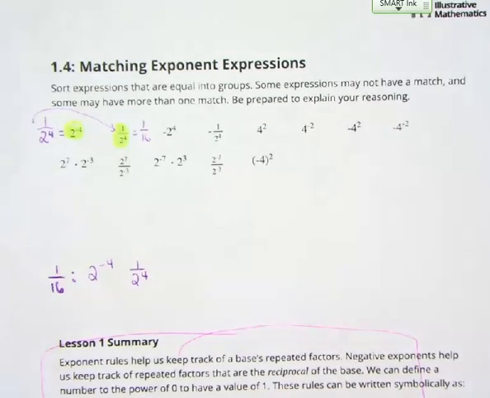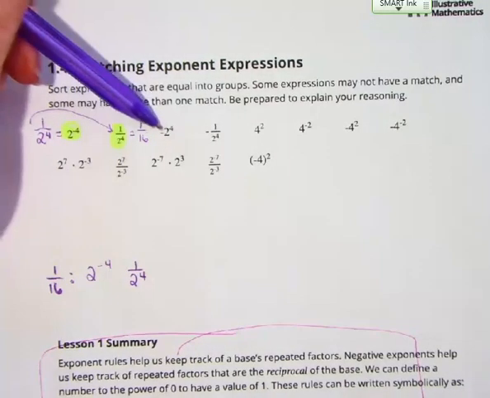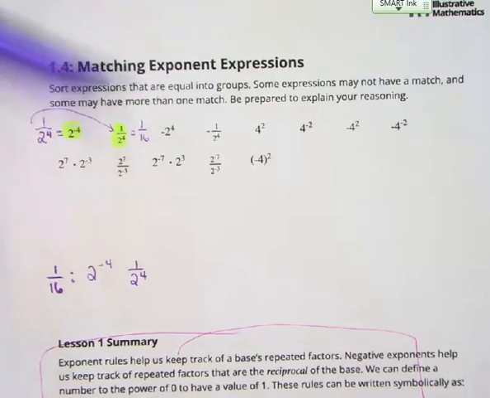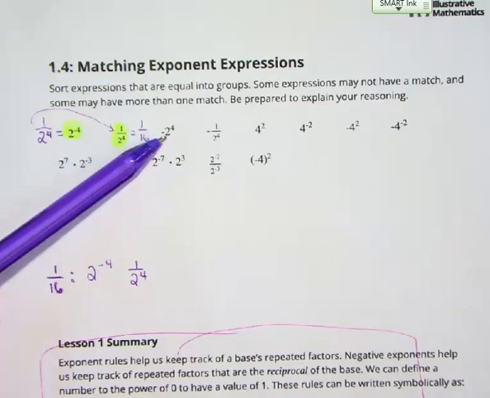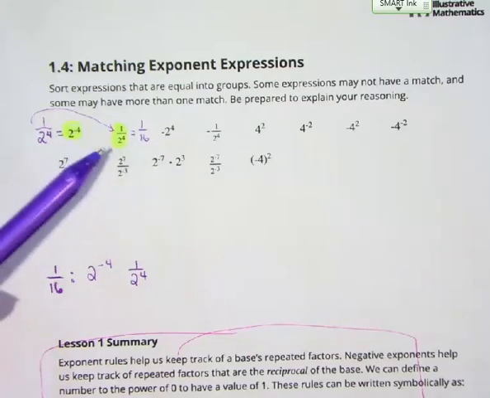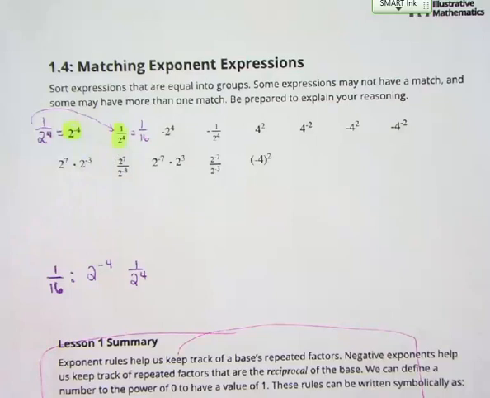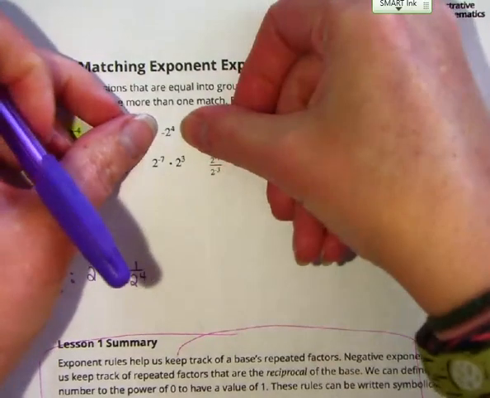Let's keep on going. Now this one is a negative 2 to the 4th power. This is a good time to talk about making very sure we type things in correctly on our calculator. This is saying that we want to do, okay, think about PEMDAS, order of operations.